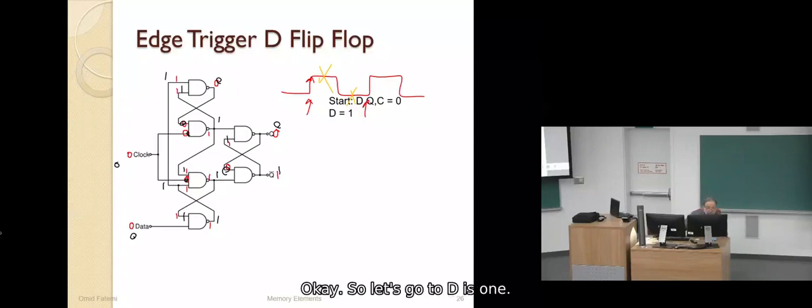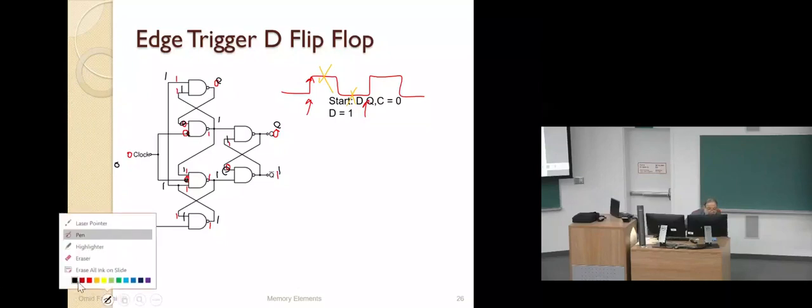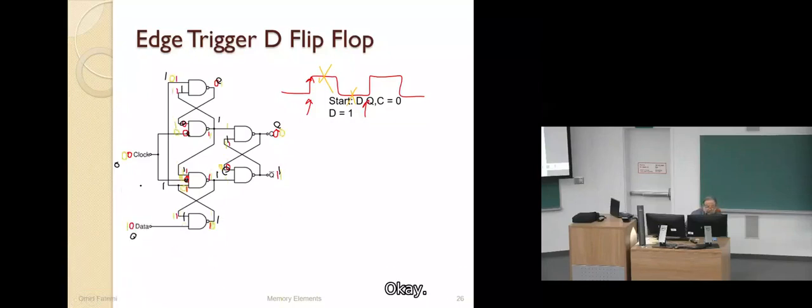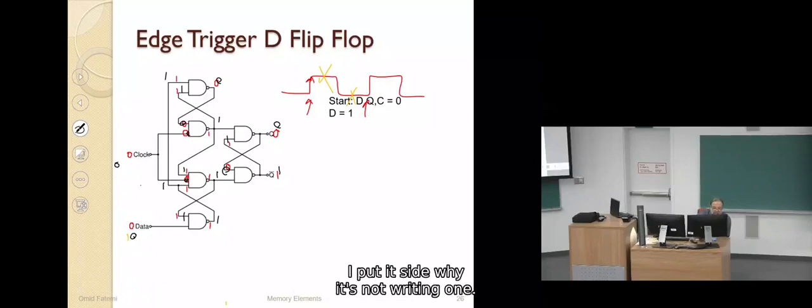Okay, so let's go to D is 1. Which color do I use for that? Let me see. Okay, orange. D is 1. Now D gets 1, so it is 1 and 1, so it becomes 0. Oh, I put it on this side. Why is it not writing?